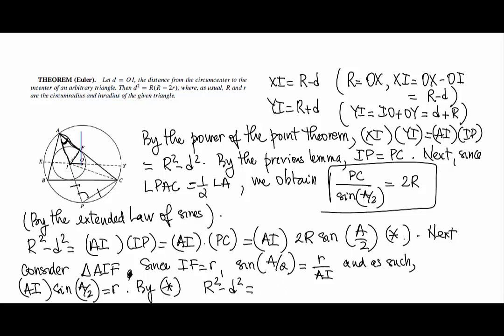So if we look at star, then we know that AI times sine of A over 2 is little r, so we'll have 2 big R little r. Now we'll solve this equation for d squared, and then we can factor one big R out, and we get R times big R minus 2 little r, and this is the desired result.